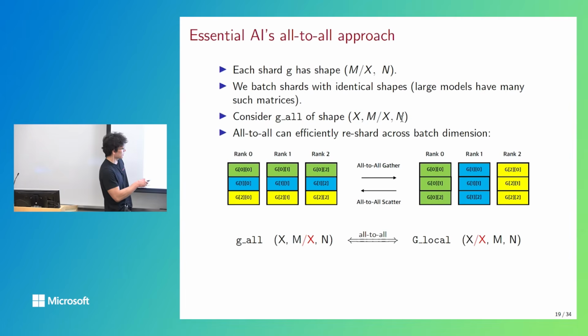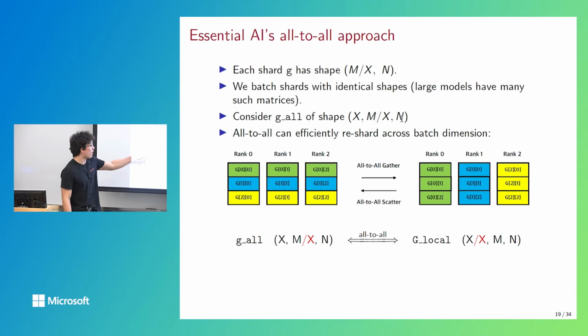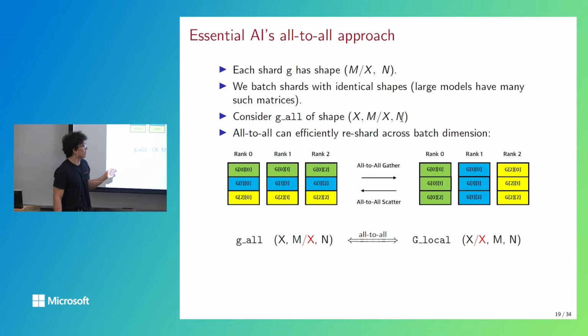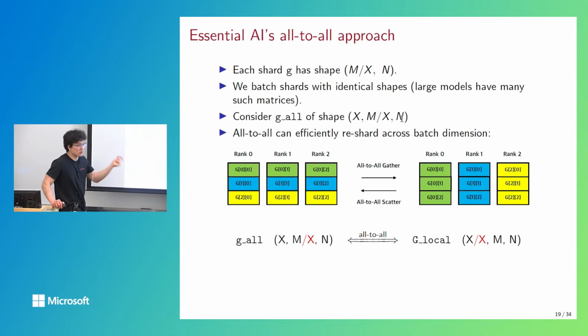So mathematically, with the equation, you can go from G batched, so batched shards, with the all-to-all to capital G local, where it's now sharded across the batch dimension. So now you have the full matrix locally, then you can do the matrix computation.